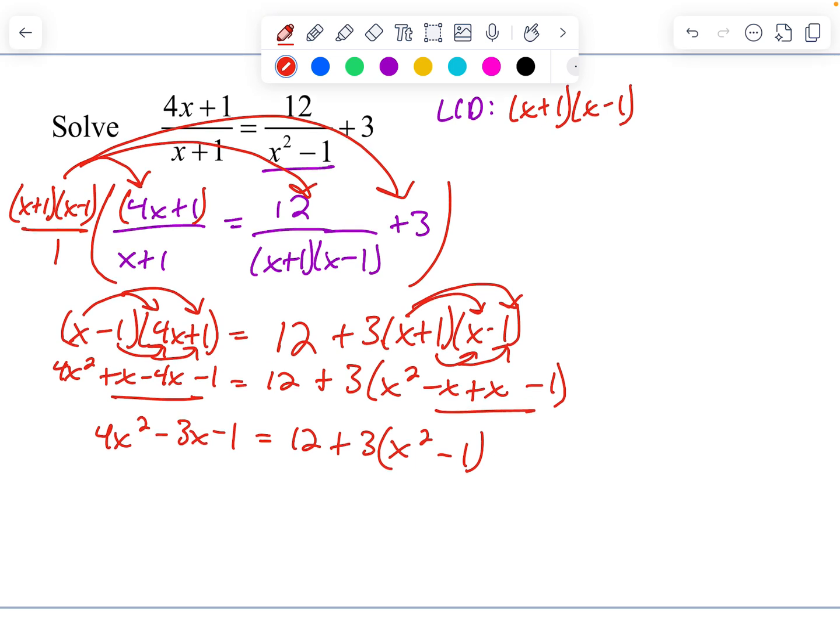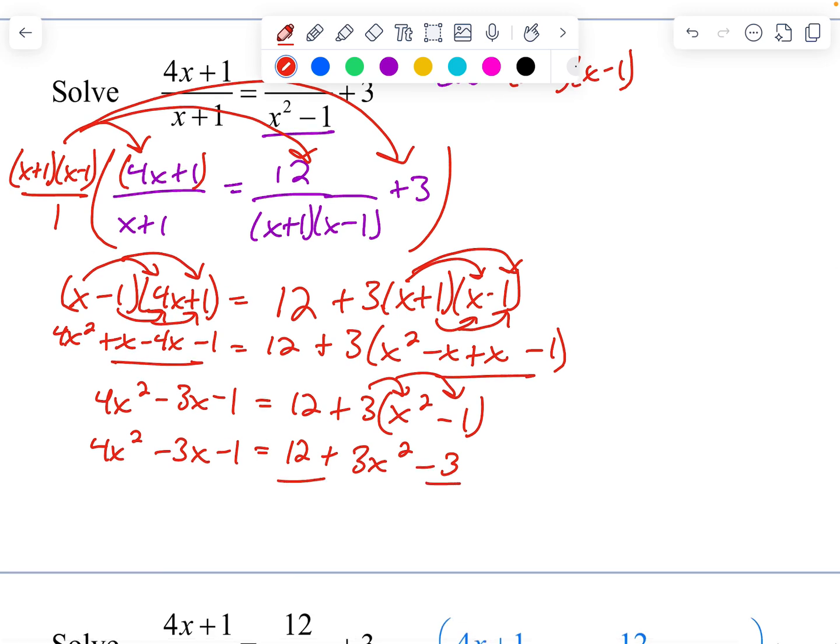Okay, nothing really left to simplify on the left-hand side right now, but I do still need to distribute in that 3 on the right, which is going to be 3x squared minus 3. Okay, combine my like terms here. 12 minus 3 is going to give me 3x squared plus 9.